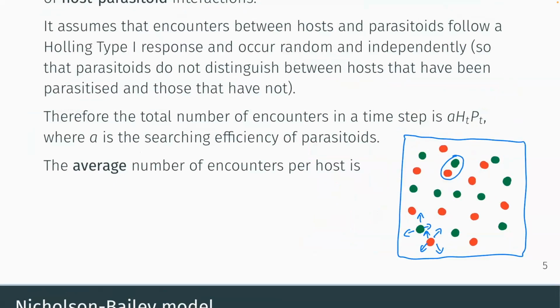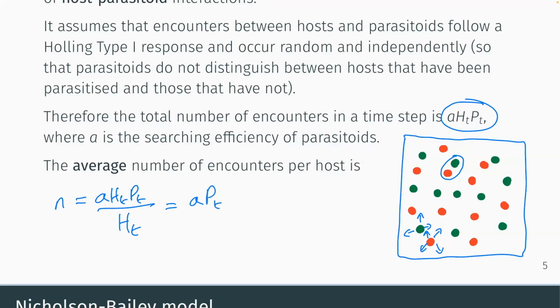Okay, so if this is our total number of encounters in a time step, the average for any given host, we call this little n, is just going to be the total divided by the number of hosts, which is just A times P_T.